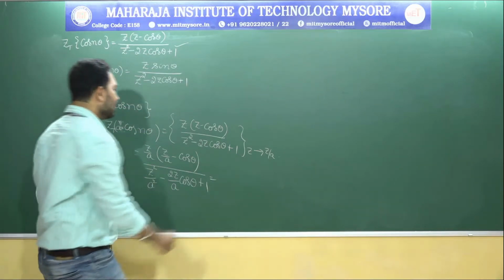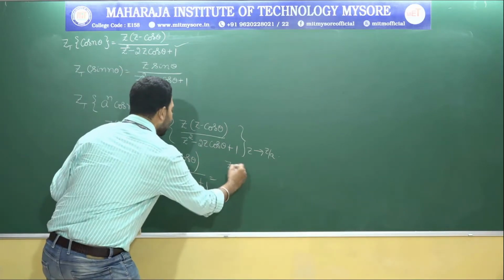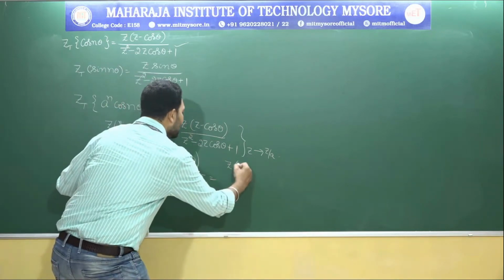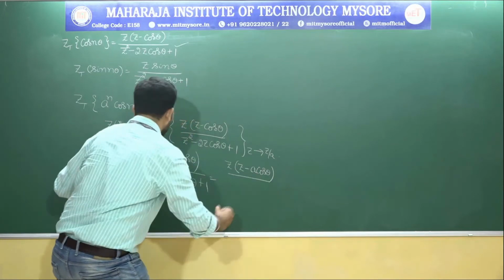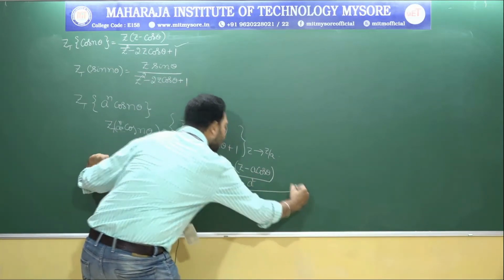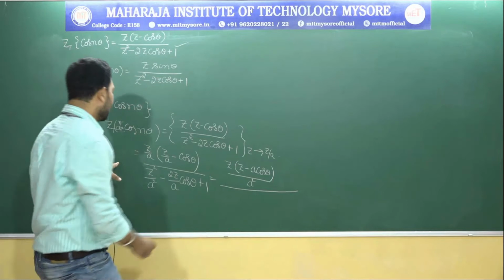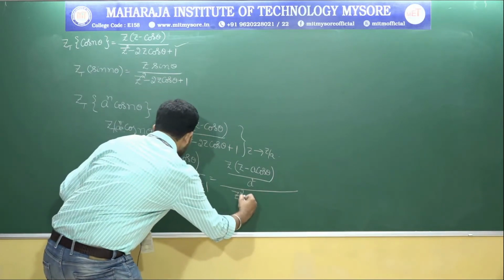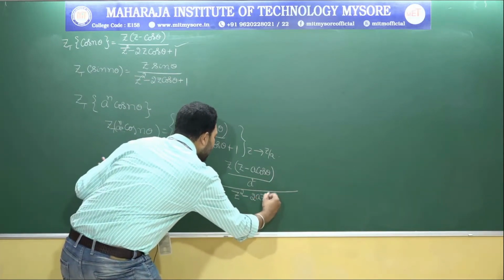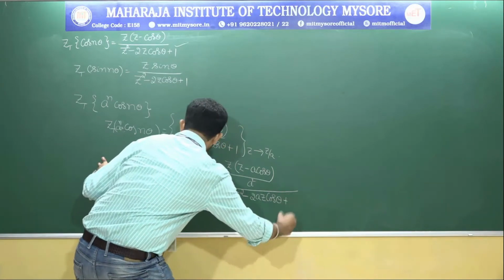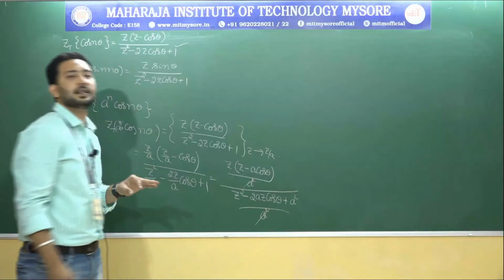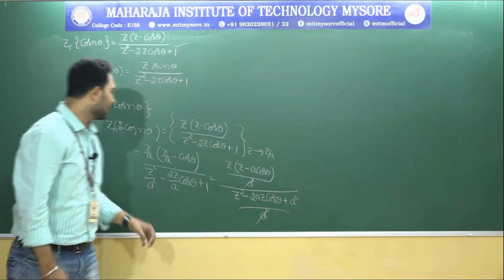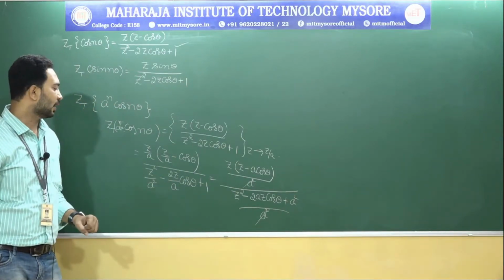If we take the LCM, we get z into z minus a cos theta, divided by a square, overall divided by z square minus 2az cos theta plus a square, overall divided by a square, and this a square and this a square cancel with each other.